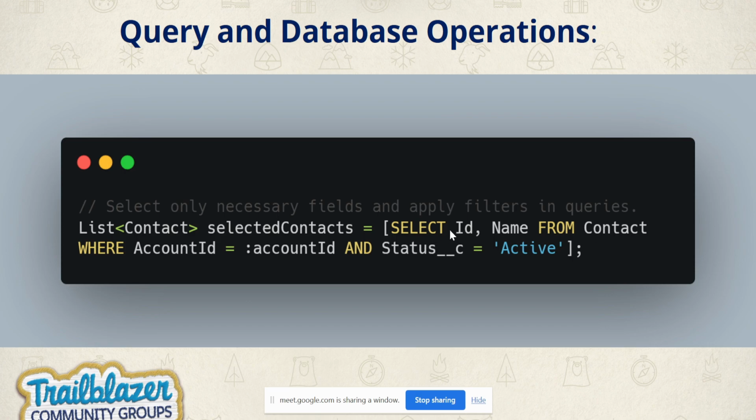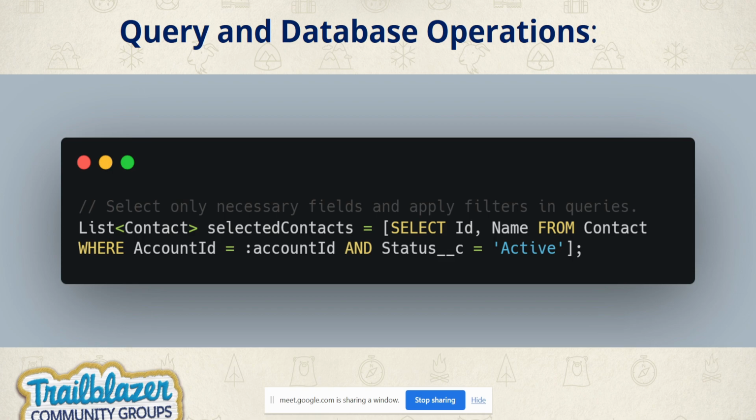So here in this example, I'm querying on the contact object: select ID, name from contact where ID, that is account ID, and status, this is a custom field, equal to active. So here you can see this is the where condition, which means this is the filter, right? Without this filter, it would return lots of records, based on the governor limits.